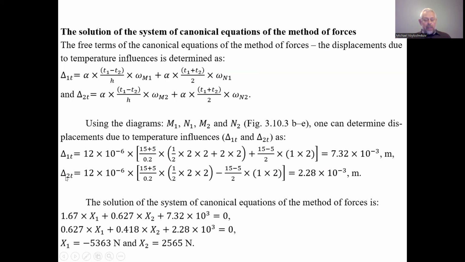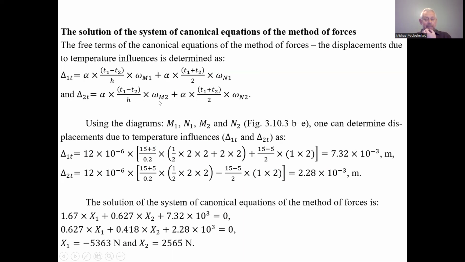And in the same way, we can find the free summand of the second canonic equation, the displacement of the mechanical system in the second direction. We use the same formula. In the second direction, we have this one.